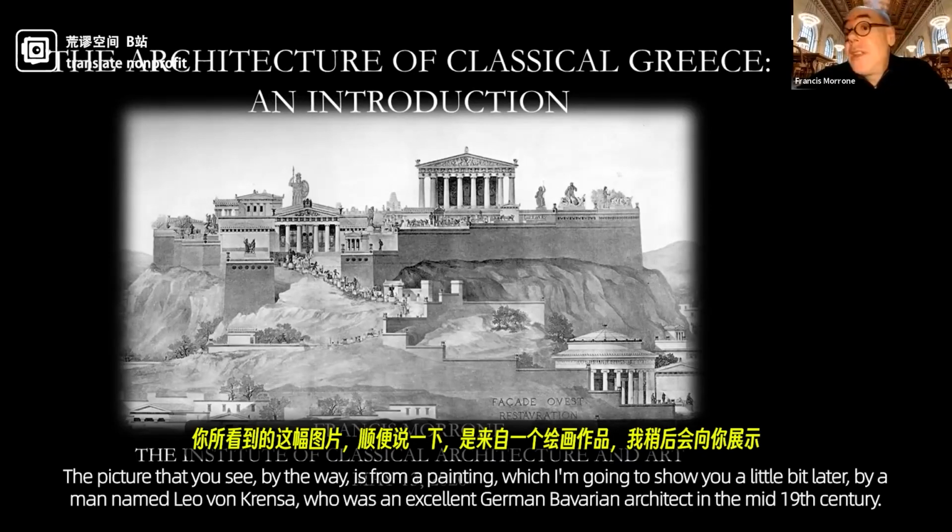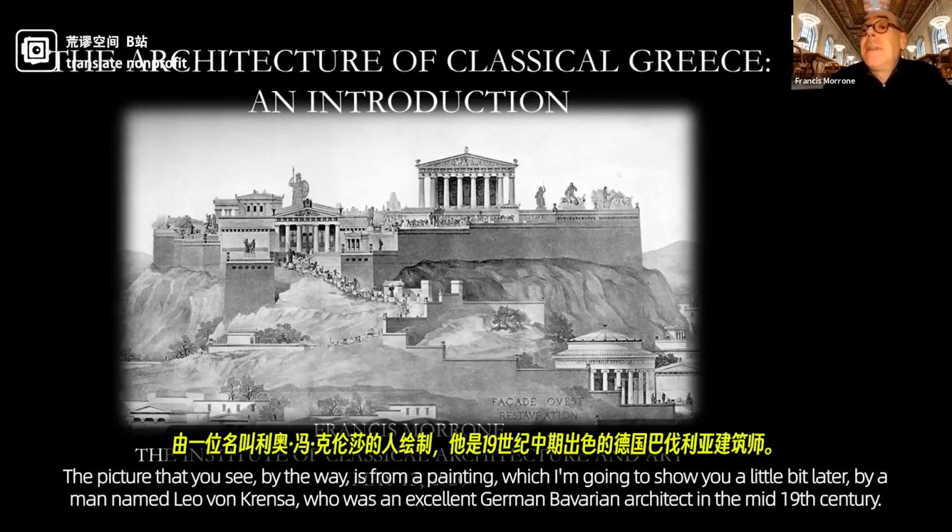The picture that you see, by the way, is from a painting, which I'm going to show you a little bit later, by a man named Leo von Klenze, who was an excellent German, Bavarian architect in the mid-19th century.